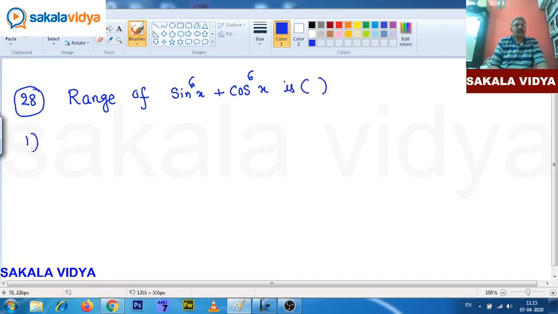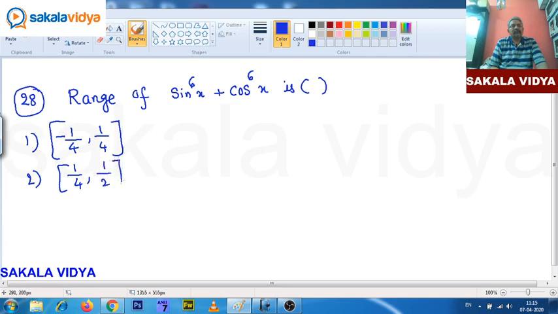So, first option minus 1 by 4 comma 1 by 4. Second option is 1 by 4 comma 1 by 2. Third option 1 by 4 comma 1. Fourth option minus 1 by 2 comma 1 by 4.